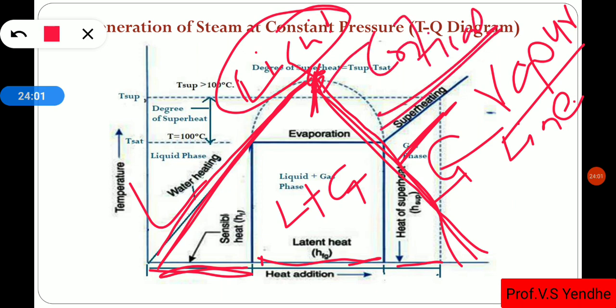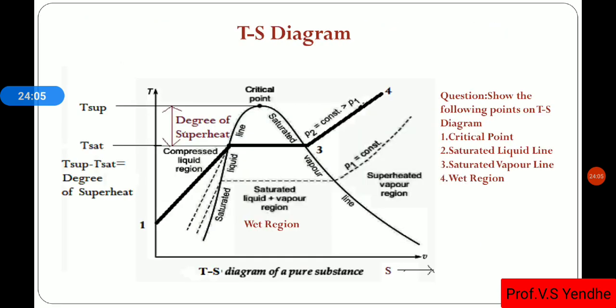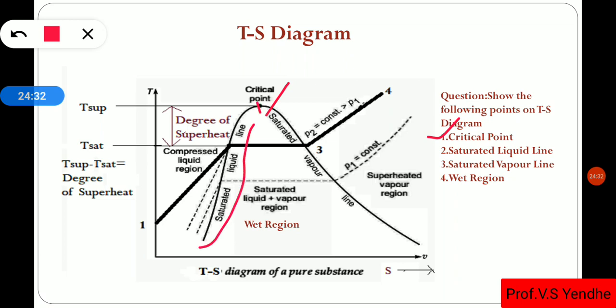Now in a TS diagram, first is the critical point. The highest point over the curve is known as the critical point. We can see the highest point here, that is the critical point. And as I have already told, the portion from this point to the left side is the saturated liquid line.